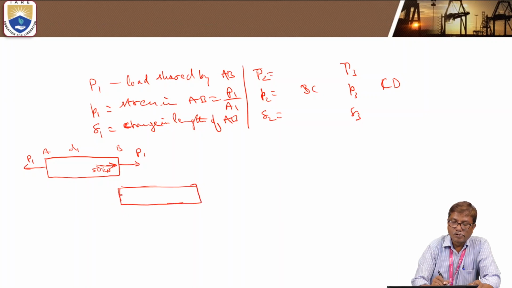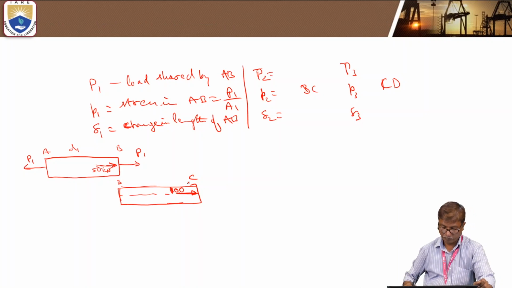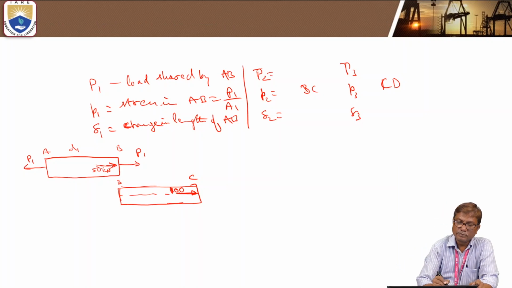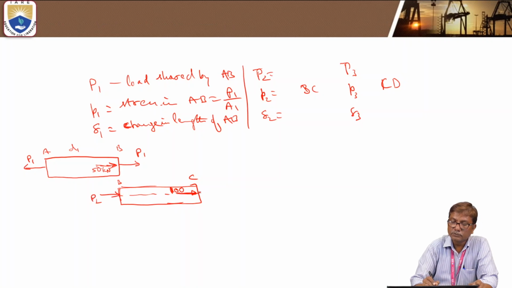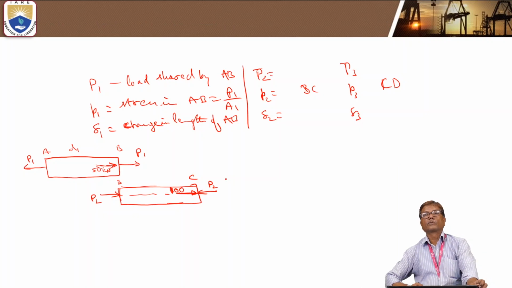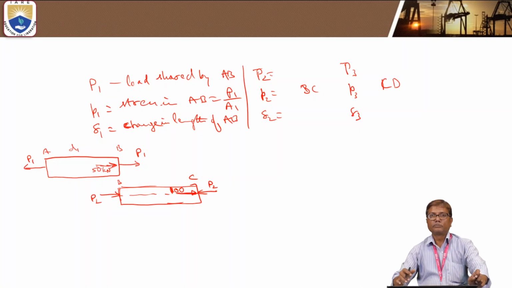Okay. Now here we have a load applied at C, 100 kilonewtons load applied at C. Now, P2 be the force in member 2, that is BC.